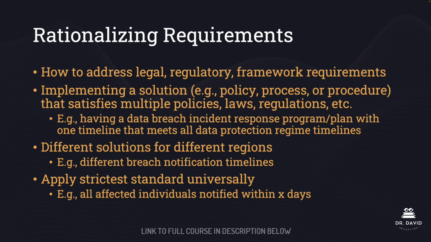And so let's say, for example, jurisdiction A has a timeline of 60 days, jurisdiction B has a timeline of 45 days, and jurisdiction C has a timeline of 30 days. Then we can rationalize these requirements by providing notification for all individuals, regardless of where they reside, within 30 days. And so again, with that example of 60, 45, 30, 30 is the strictest, and so we apply 30 everywhere.